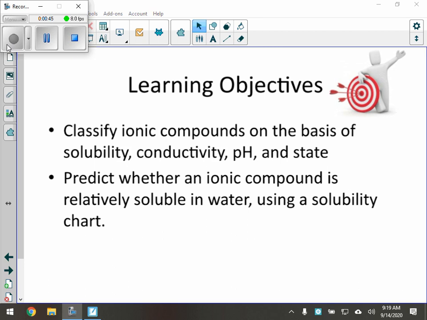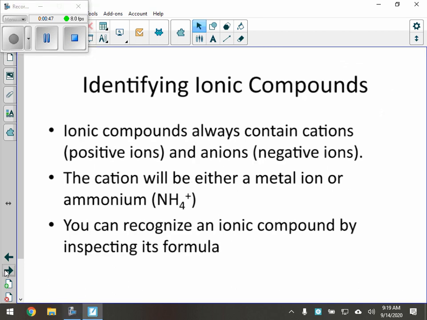All right. So I think you got to fill in a few things here. Identifying ionic compounds: ionic compounds always contain cations, which are positive ions, and anions, which are negative ions. The cation will either be a metal ion or the ammonium ion. And of course, you can recognize an ionic compound quite quickly by its formula.